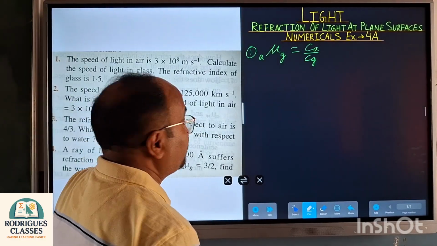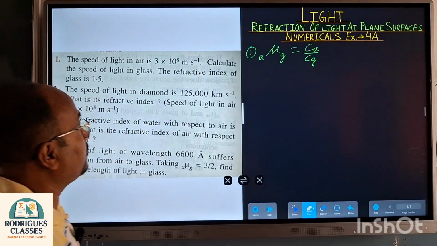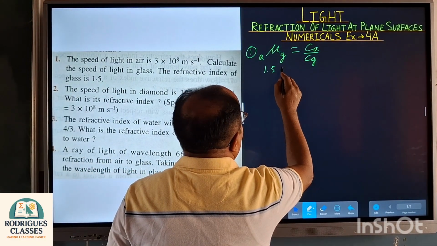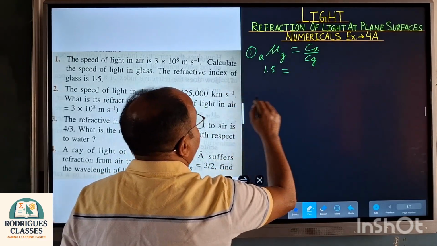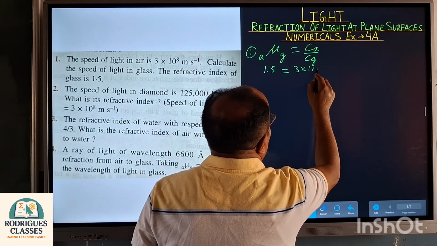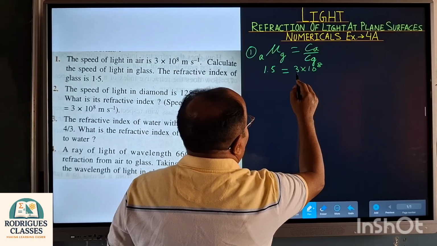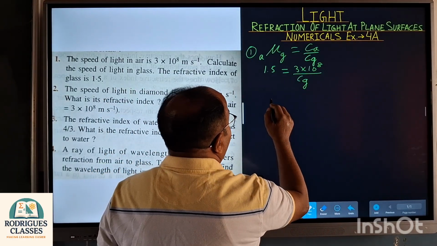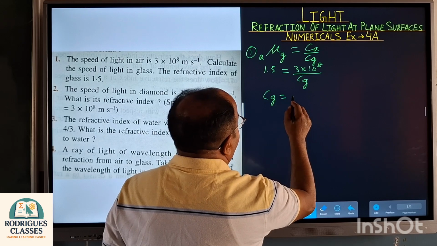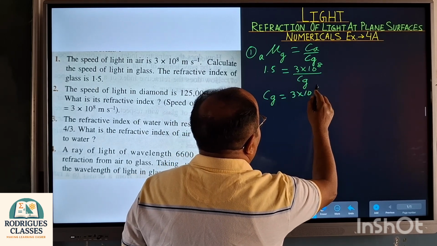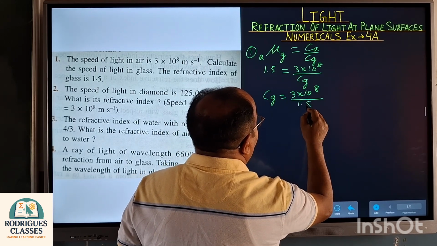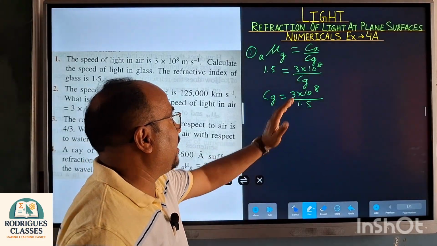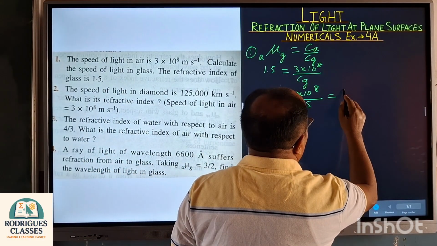We are given refractive index as 1.5, so we write 1.5. Speed of light in air is 3 into 10 to the power 8, and speed of light in glass we have to find. So we write Cg equals 3 into 10 to the power 8 by 1.5. 3 divided by 1.5 will give us 2.